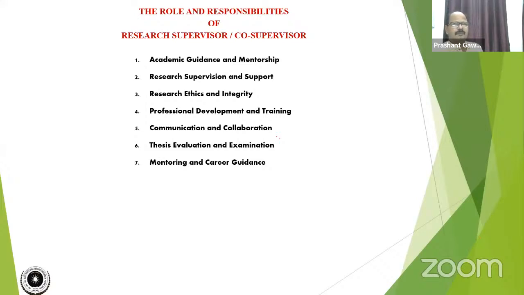Communication and collaboration: collaborative research and collaborative programs should be initiated by the supervisor and co-supervisor. Thesis evaluation and examination: the supervisor as well as co-supervisor is an internal examiner during the PhD viva, so thesis evaluation and examination is again with them.